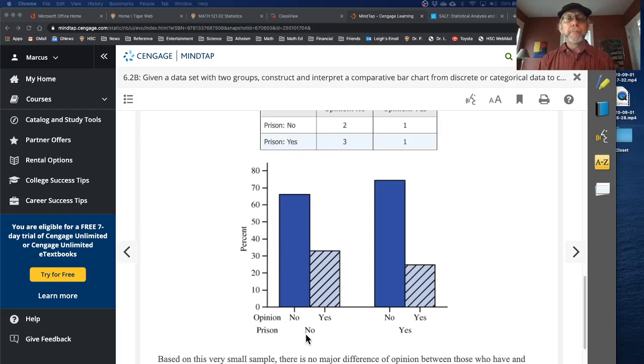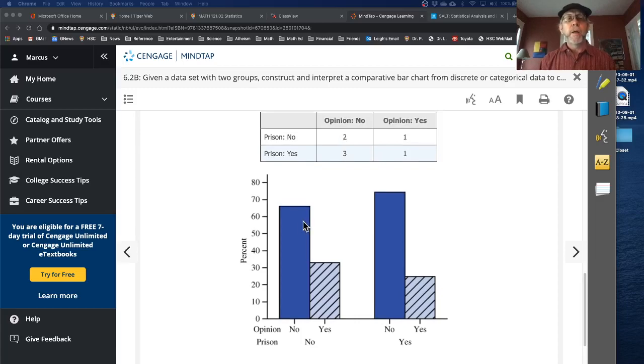Among the three individuals who did not have direct acquaintance with serving in prison, 66%, two out of the three, did not think it was likely that a person released after 10 years would commit a crime again, whereas 33%, or one out of three, did believe it was likely that a person would commit a crime again after serving 10 years.